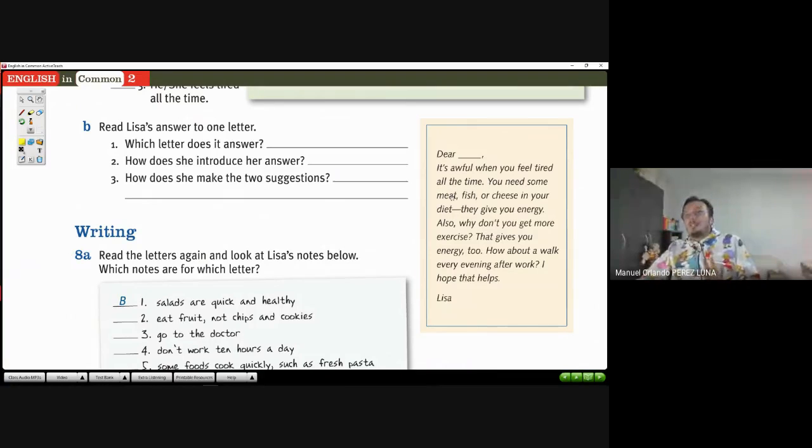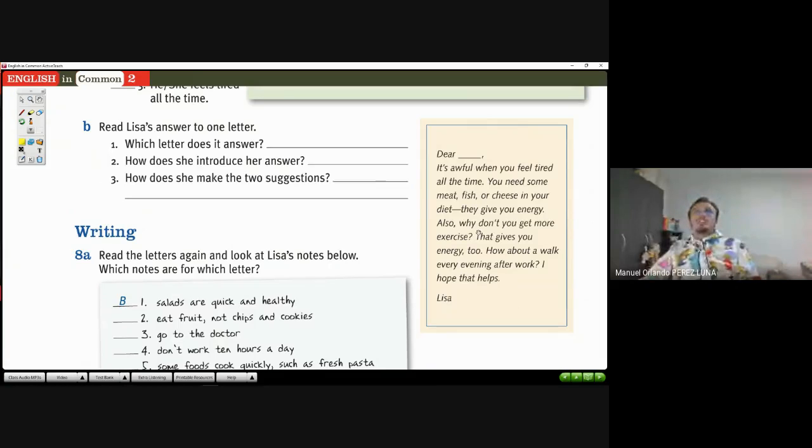It says there, dear, but we don't know to whom. It's awful when you feel tired all the time. You need some meat, fish, or cheese in your diet. They give you energy. Also, why don't you get more exercise? That gives you energy too. How about a walk every evening after work? I hope that helps. Lisa.